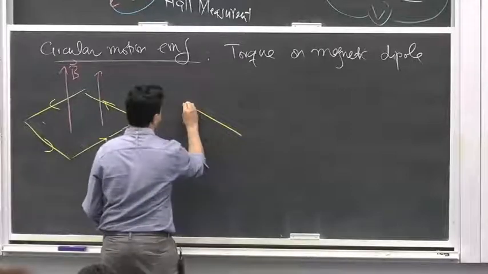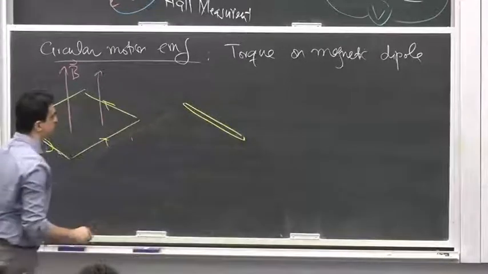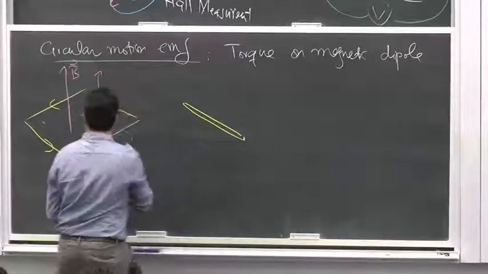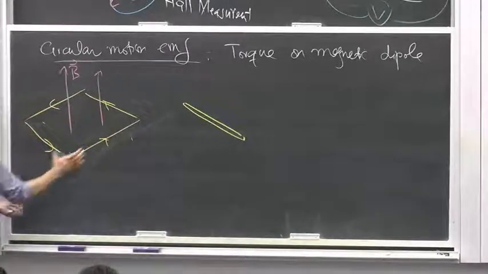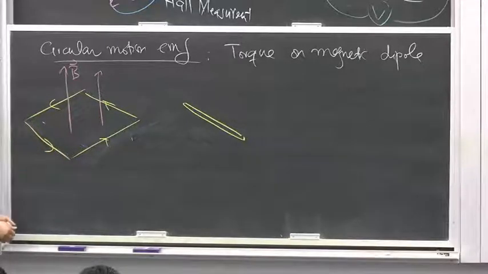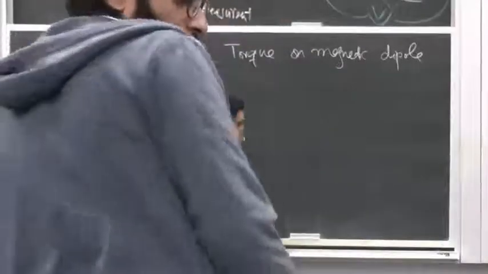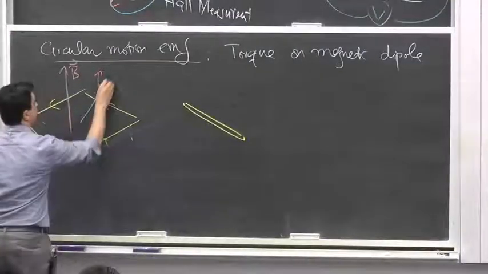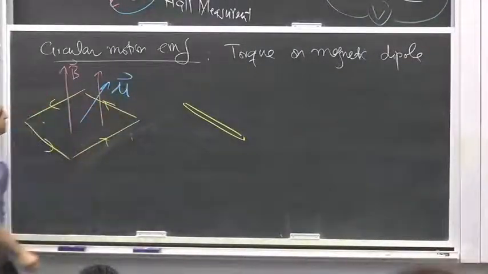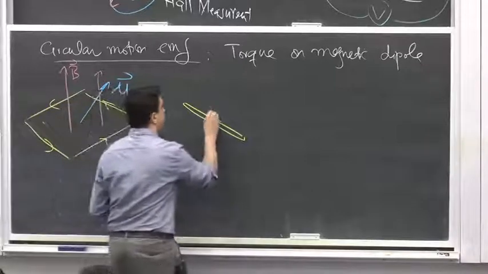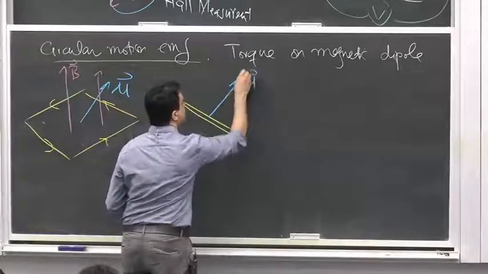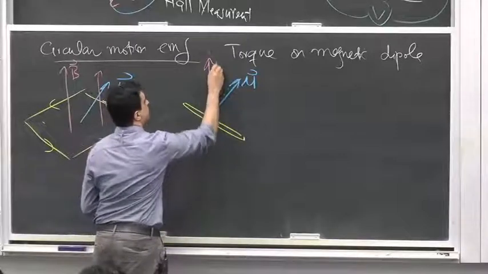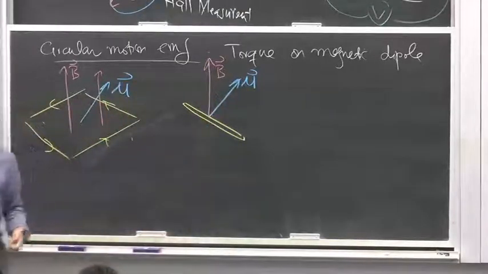If you look at the cross section of this wire from this side, you have current which is coming out. What is the magnetic moment direction? The magnetic moment would be perpendicular to this loop area, something like this. So you have mu in that direction, and you have B field which is applied in that direction.